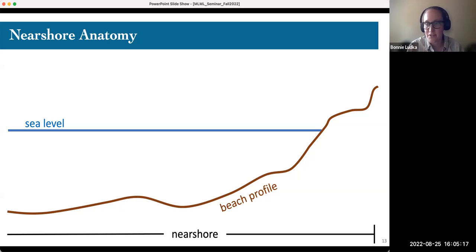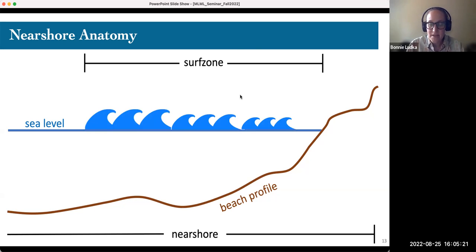And for me, the nearshore extends just beyond the surf zone, so that region of breaking waves. The shoreline is where the water level meets the beach, that location there.